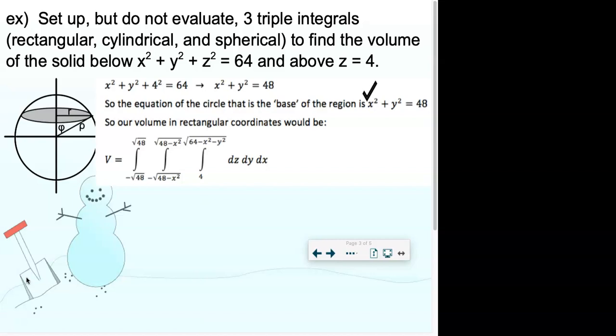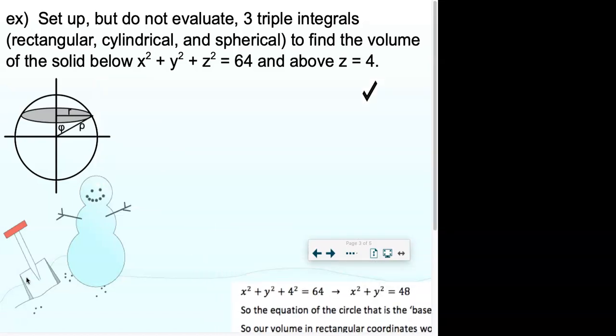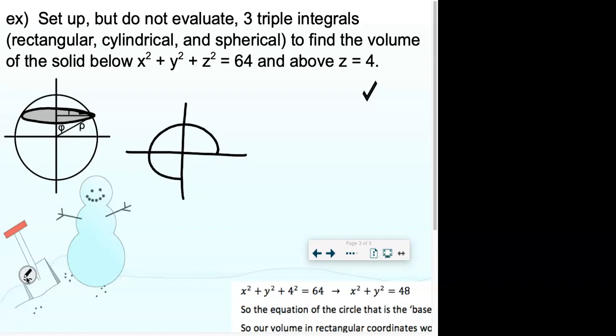Yes. So then we've got to get the y. So we've got to generate this circle right here. That's the region over which we're integrating. If we think about this in the xy plane, this circle is not x squared plus y squared equals 64, because that would be the circle down here where z is 0, right?